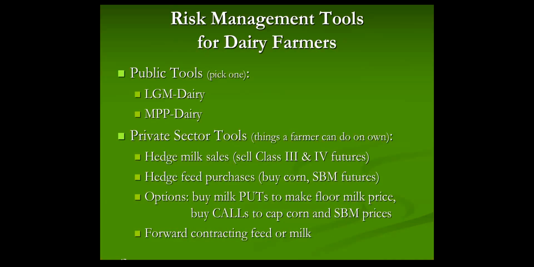So the LGM program and the Margin Protection Program are both kind of isolating the dairy production side away from the actual crop side. So it's looking at it from the milk side versus the crop production. That's other risks that you have. It could be a risk mitigation, or it could be increased risk if you produce your own crops.